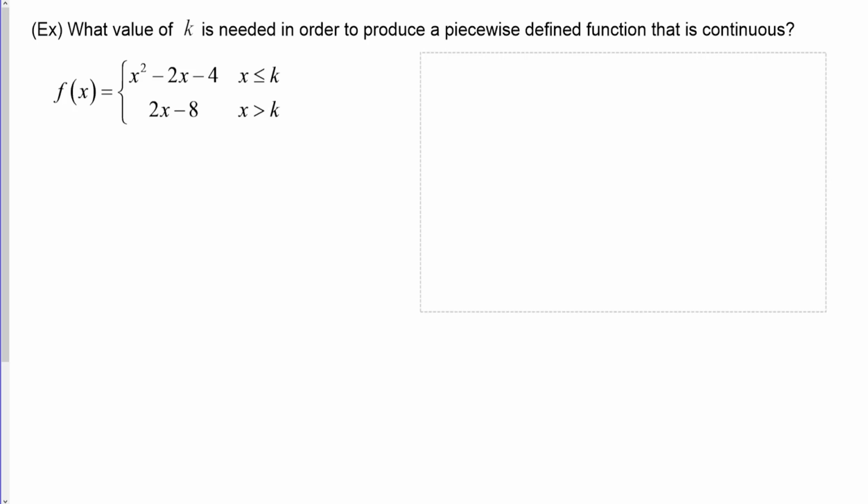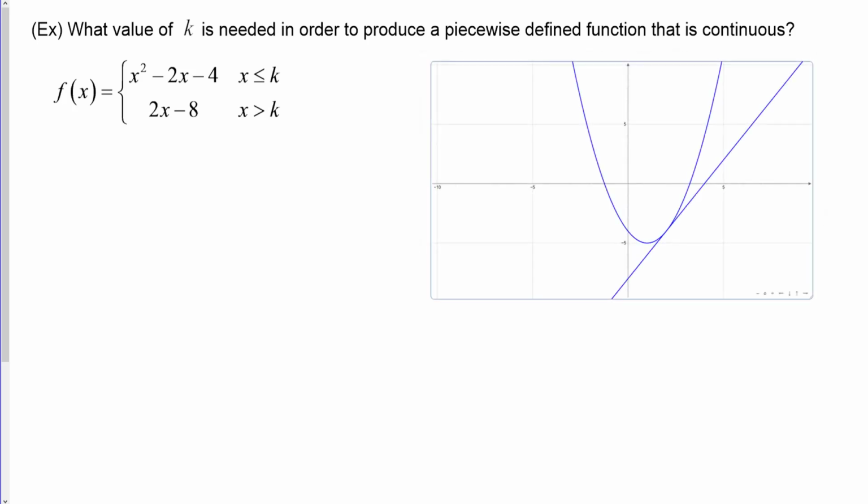So in order to do this, let's look at both of the graphs of these functions together on the same axes, and see from there if we can decide where a good point would be to create a continuous curve. So the x squared minus 2x minus 4 is the parabola, obviously, and 2x minus 8 is the line.